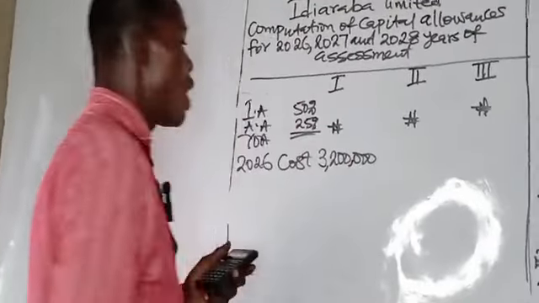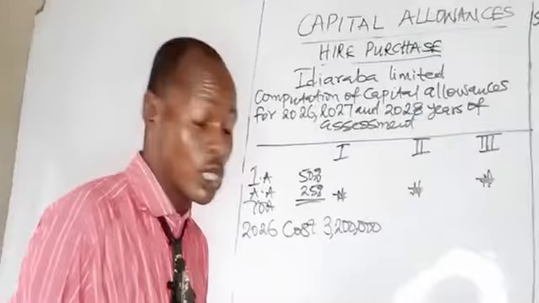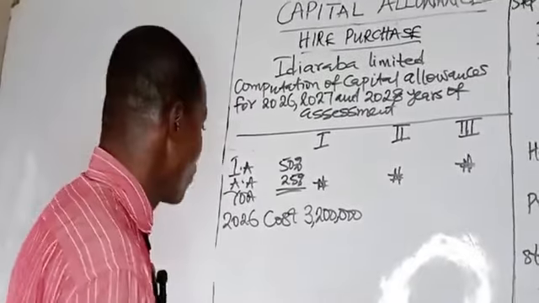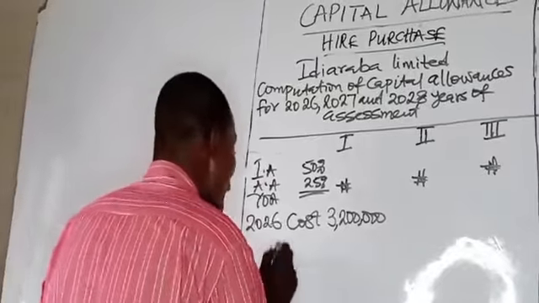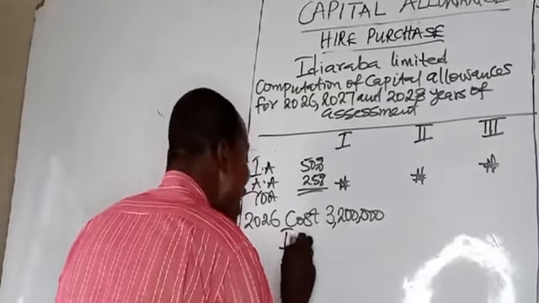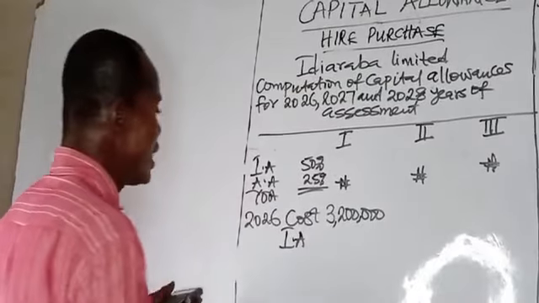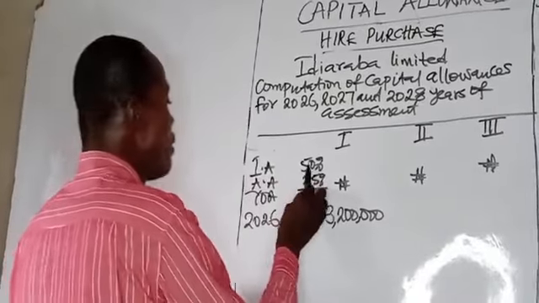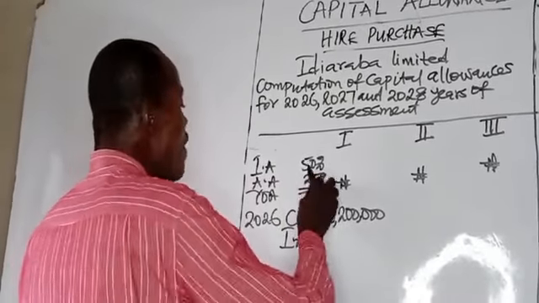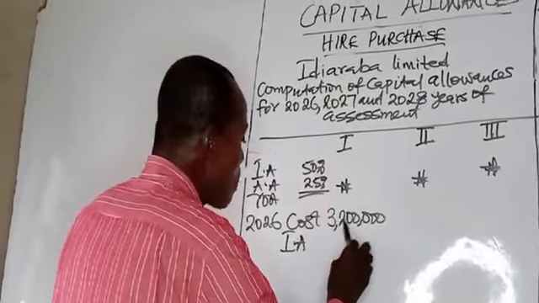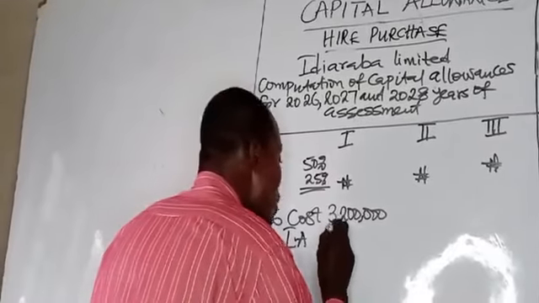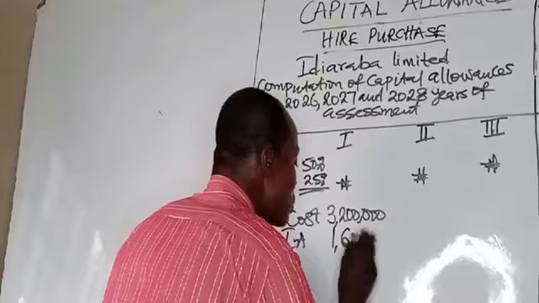I will advise you watch my first 3 videos on capital allowance for better understanding. Then we have initial allowance. Initial allowance rate is 50%. Calculate 50% of 3.2 million. That gives us 1.6 million.